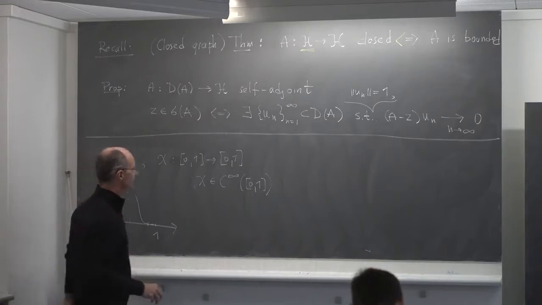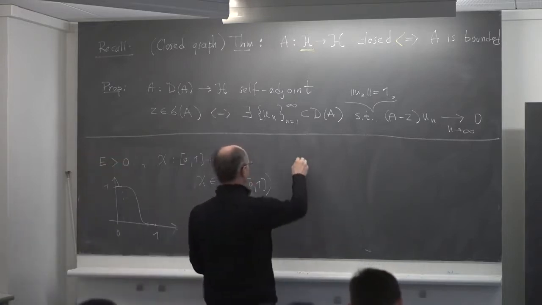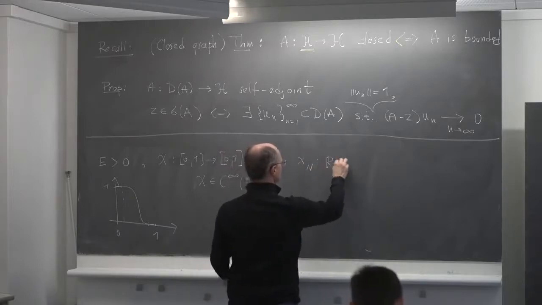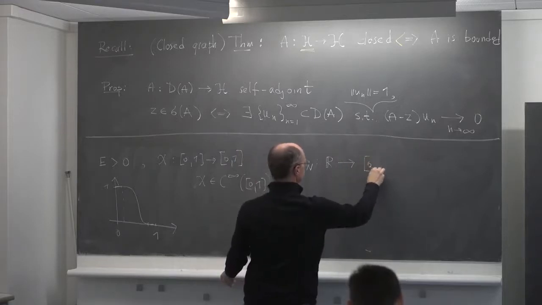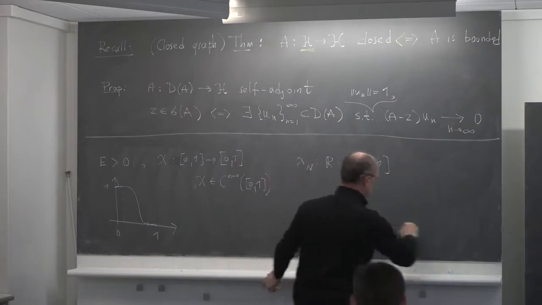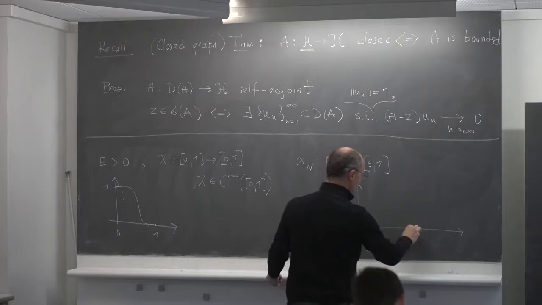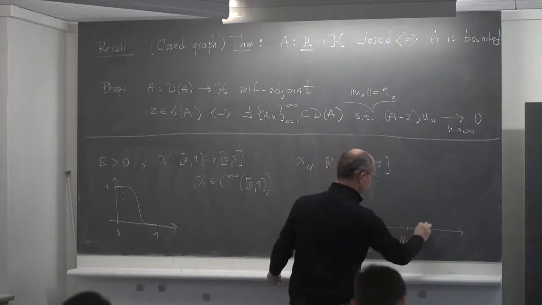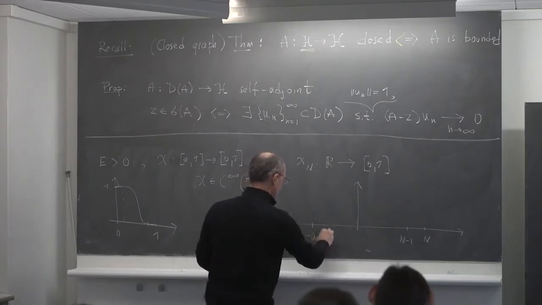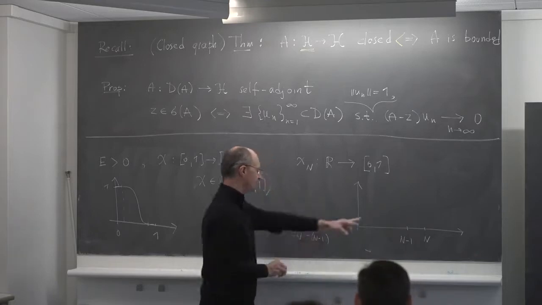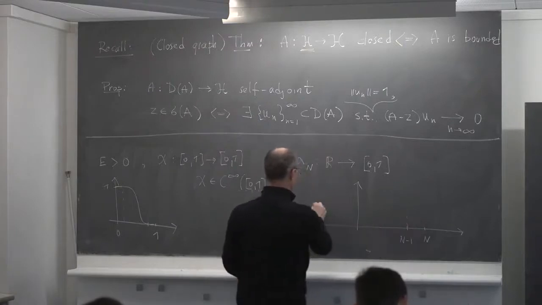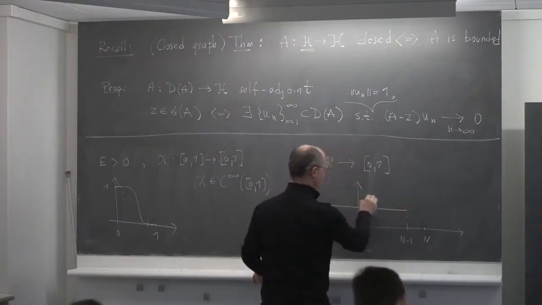And then from this function, I will construct a family of functions, chi_n, from R to [0,1]. If you want, I'll let you write the precise definition, but I will do it by drawing. So this will be minus n minus 1, n minus 1 and n. This function will be equal to 1 in this middle part.